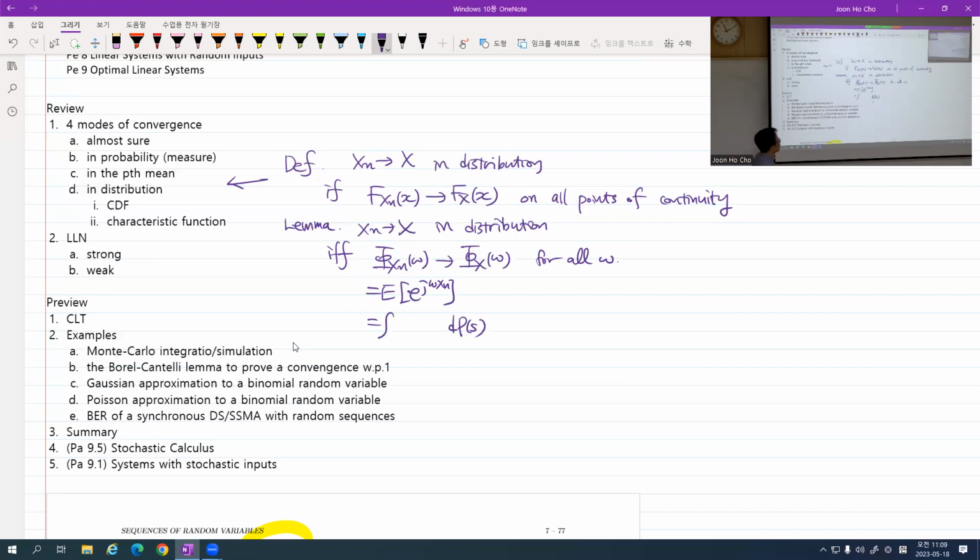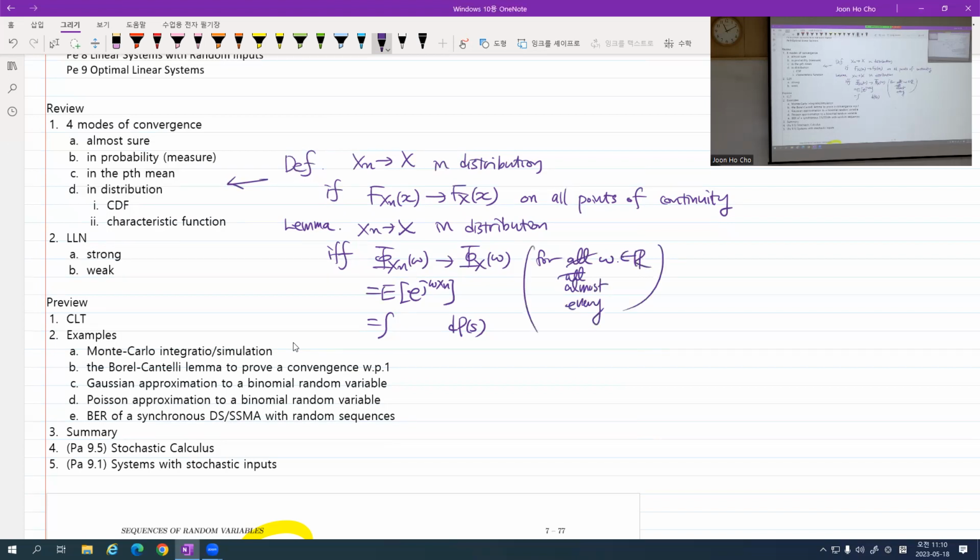defined using some measure, Lebesgue measure, so here "for all omega" is actually in the equivalence class sense. So actually, you may say that for almost every omega.